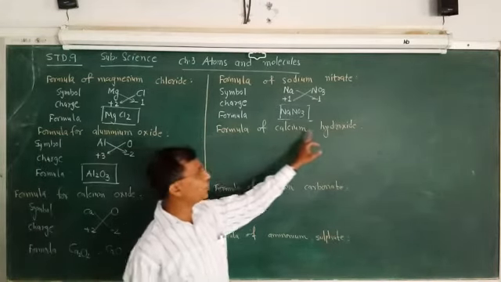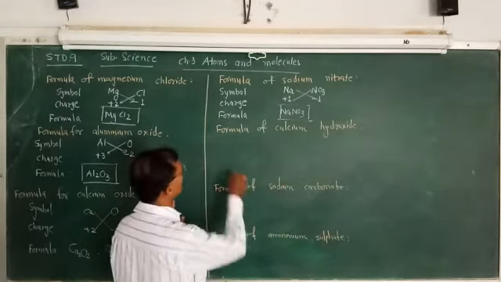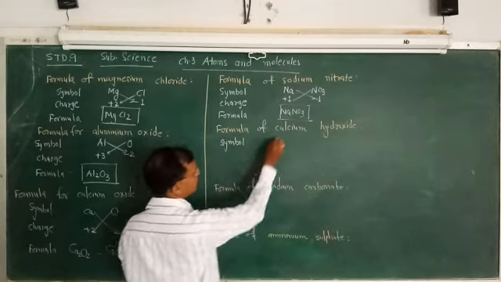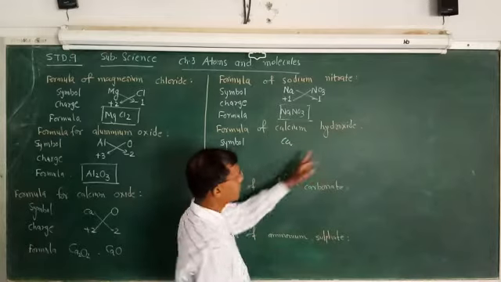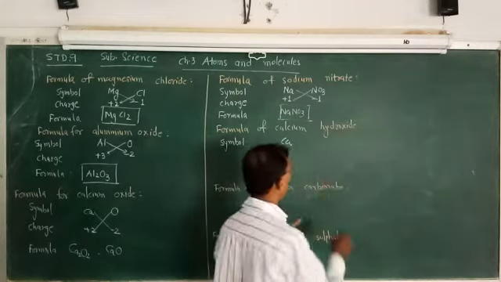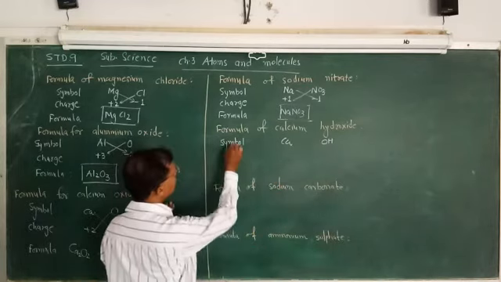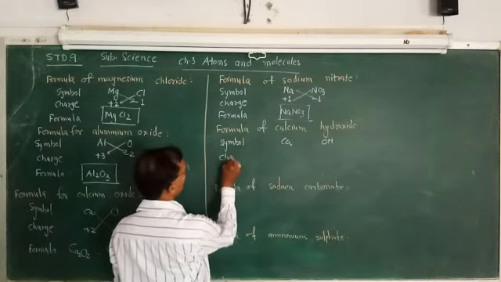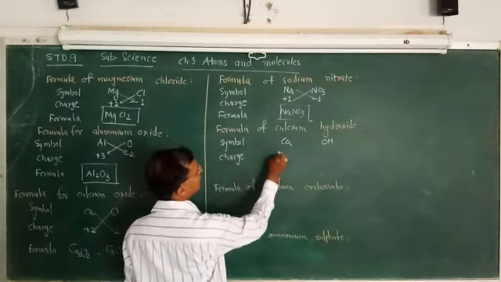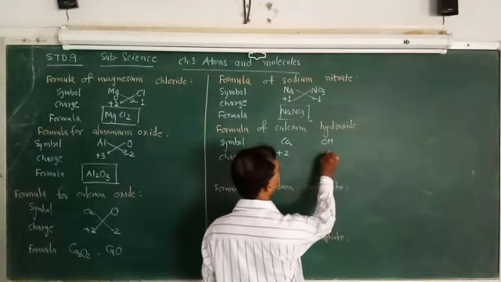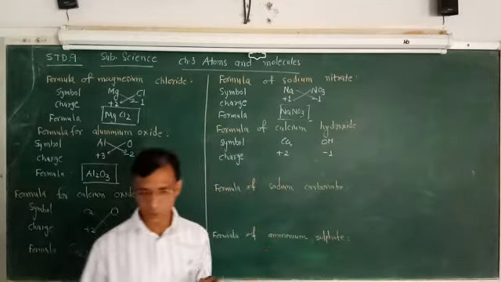Now the formula of calcium hydroxide. First write the symbol. Symbol of calcium is Ca. Symbol of hydroxide ion is OH. Write the charge: calcium +2, OH -1 charge.